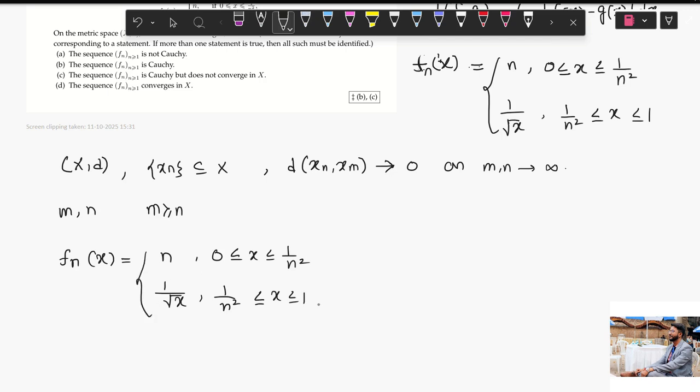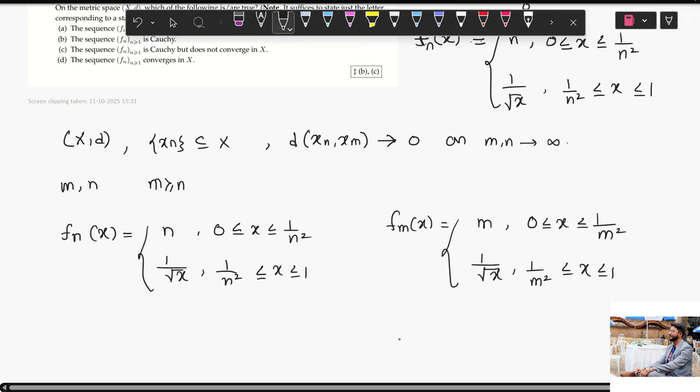This is f_n(x). And f_m(x) is m when 0 is less than or equal to x less than or equal to 1 over m squared, and 1 by root x when 1 by m squared is less than or equal to x less than or equal to 1.